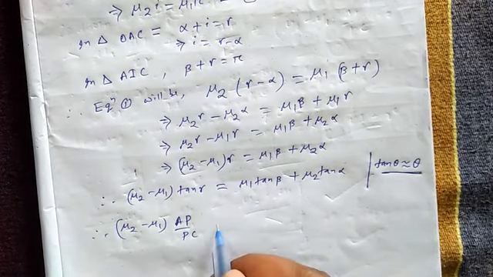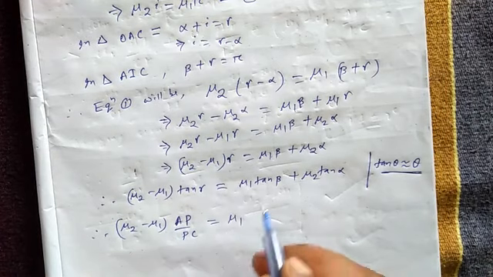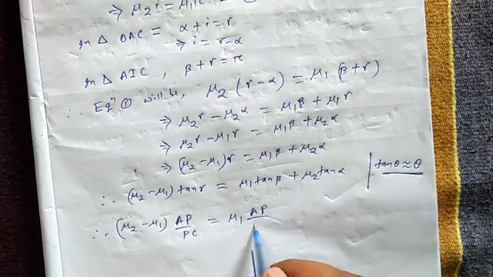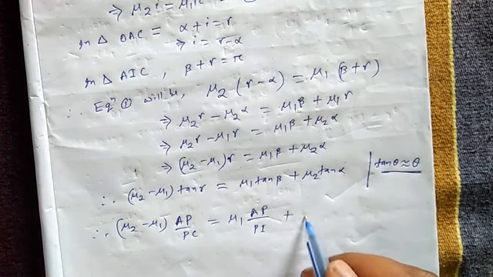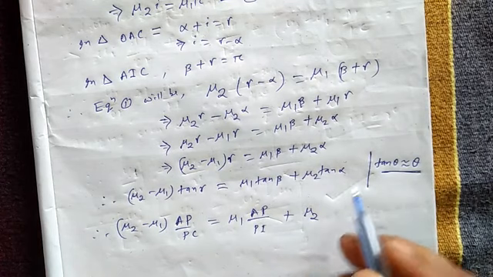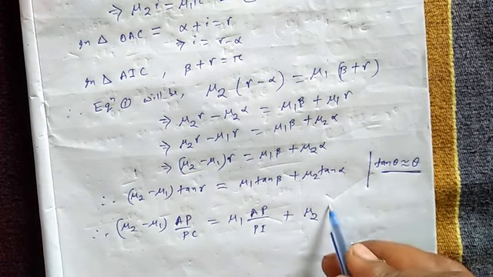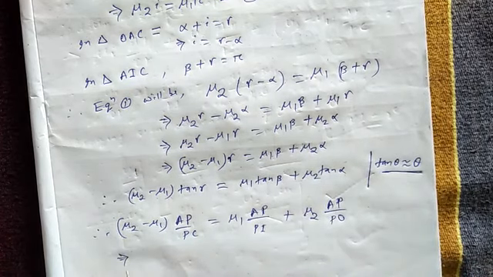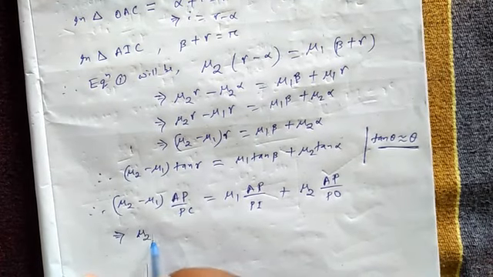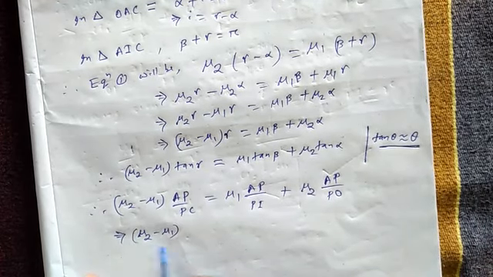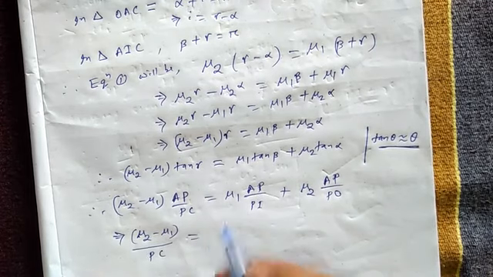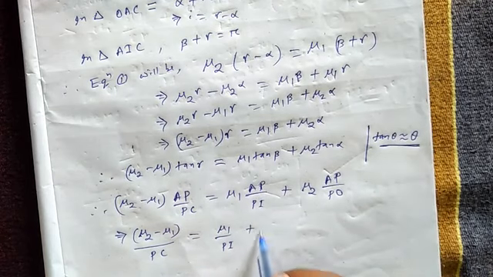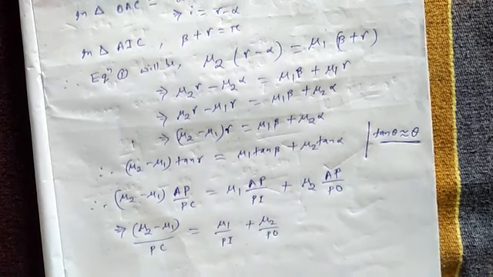Tan gamma is equal to AP divided by PC. Mu1 tan beta is AP by PI, plus mu2 tan alpha is equal to AP by PO. Implies mu2 minus mu1 divided by PC is equal to mu1 by PI plus mu2 divided by PO.